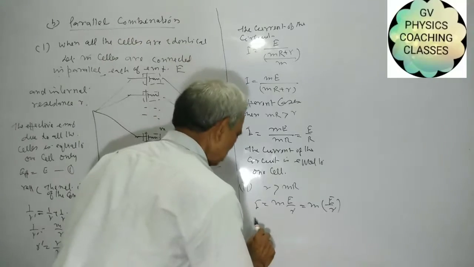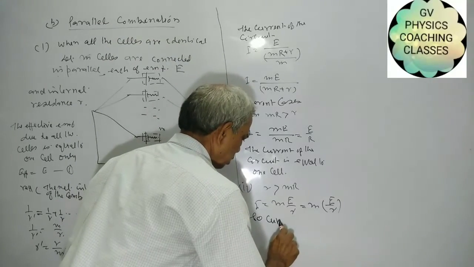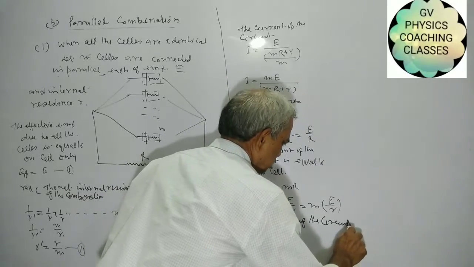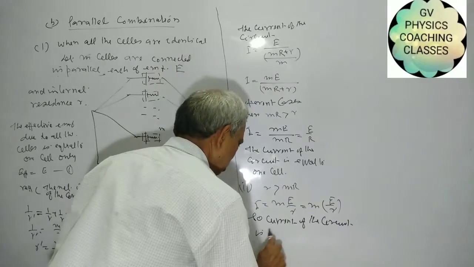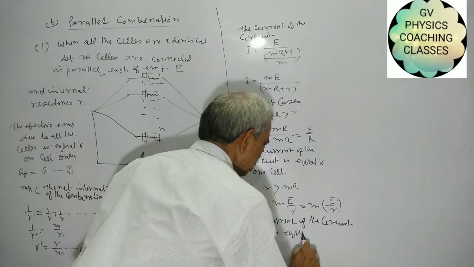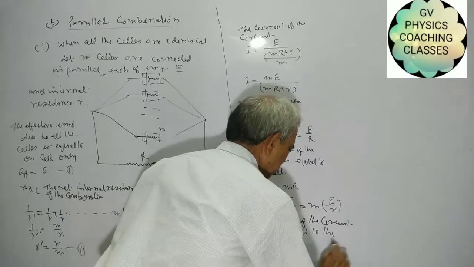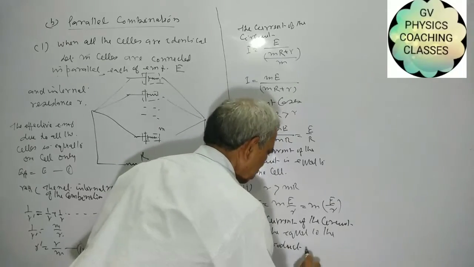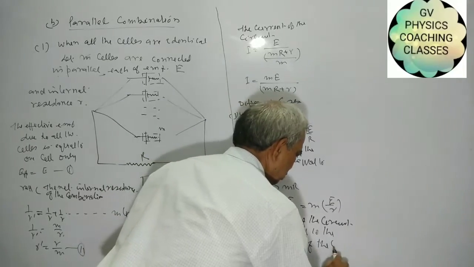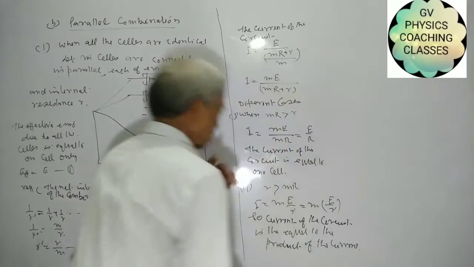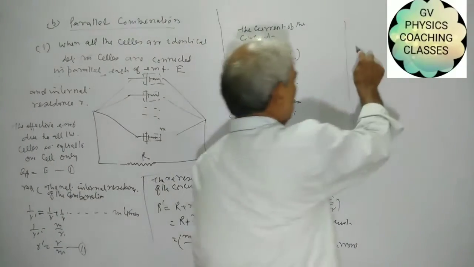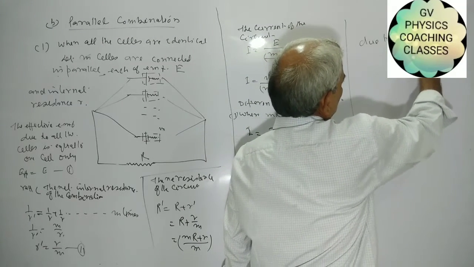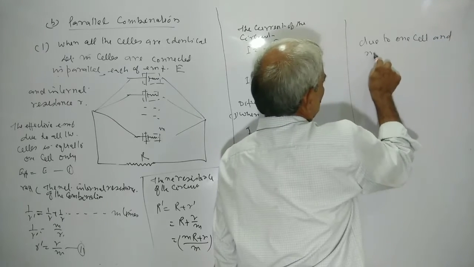So the current of the circuit is equal to the product of the current due to one cell and the number of cells.